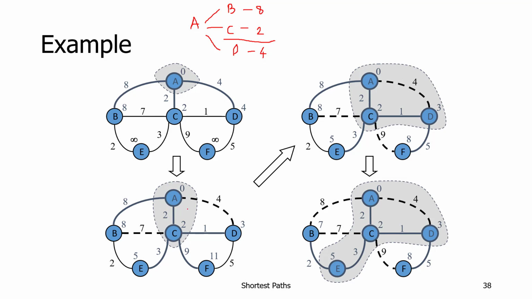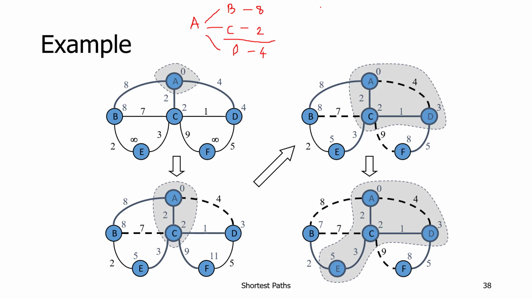Now my cloud has become AC, and all my edges will start either from A or from C, and the endpoints might be B, E, F, or D. So what other edges can I consider now?